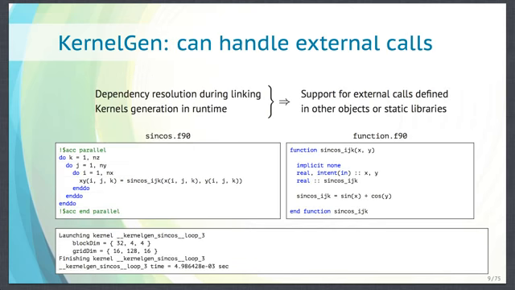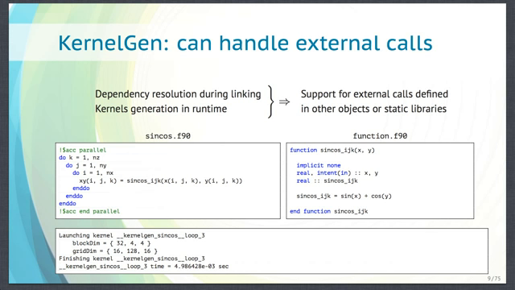In the case of KernelGen, we move the dependency resolution step to linking, which means that on the linking step we have access to all objects the final binary will be combined from, and all GPU code dependencies can easily be linked at this step. So it's not really hard to do.